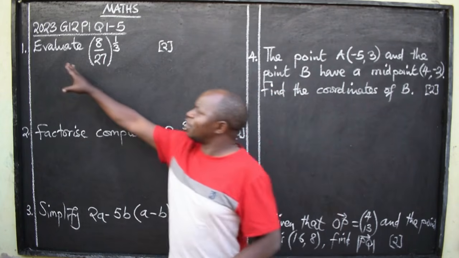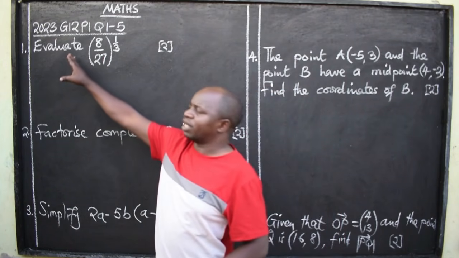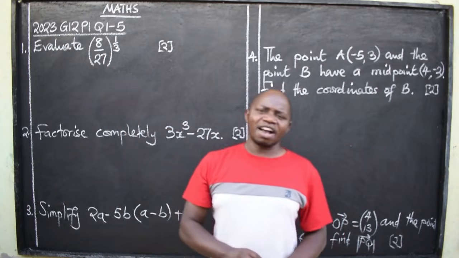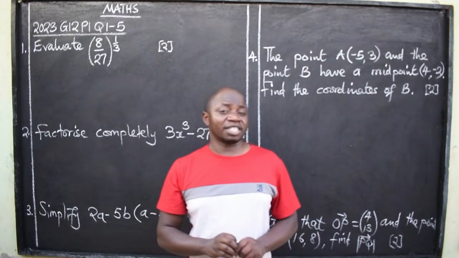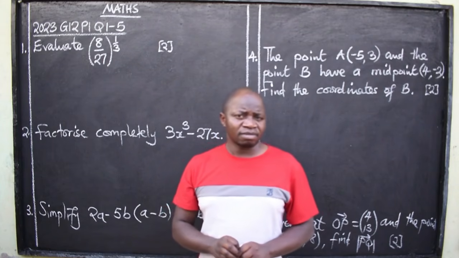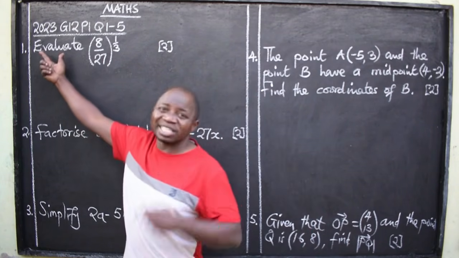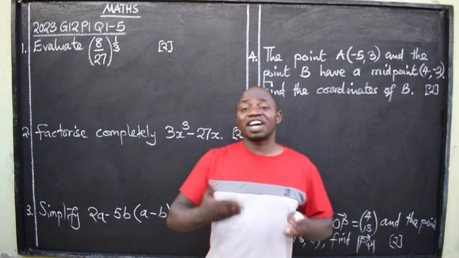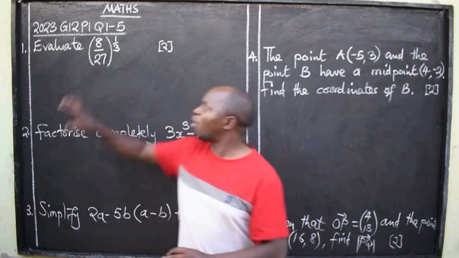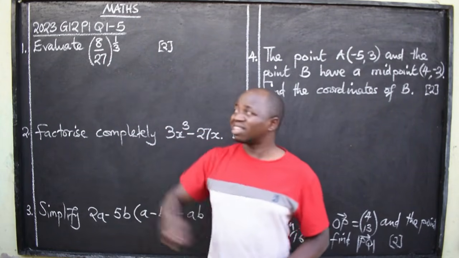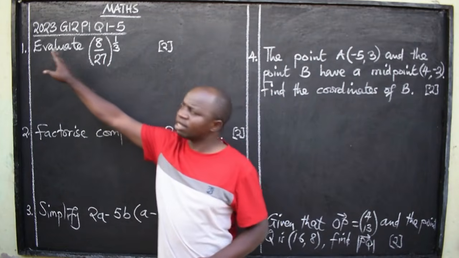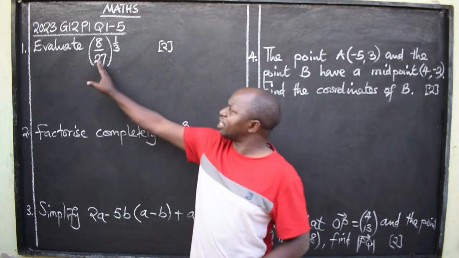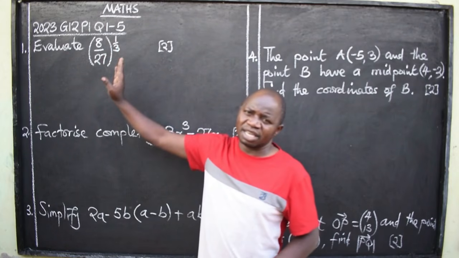Well, when you evaluate, you need to identify the topic the question is coming from. Also understand what we call the stem of the question. To evaluate is the same as saying you find the exact value of what you've been given. Now they're saying 8 over 27 raised to the power 1 over 3.